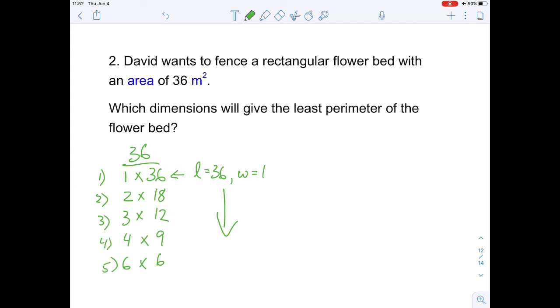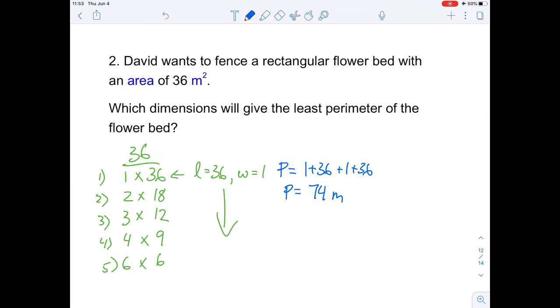The perimeter of this one would be 1 plus 36 plus 1 plus 36. So the perimeter would be 74 meters.